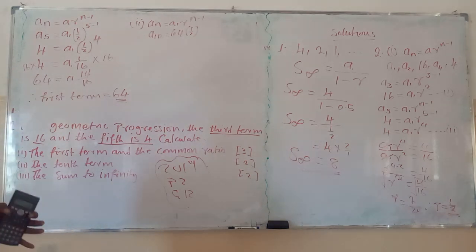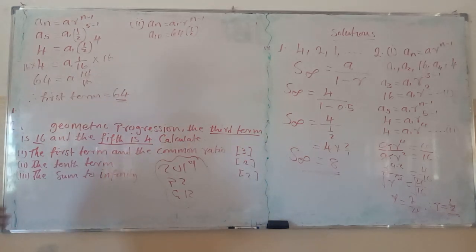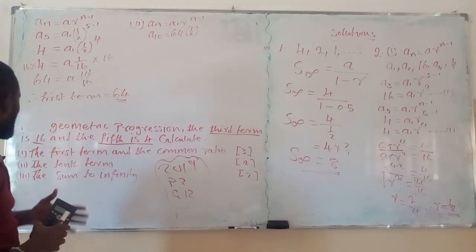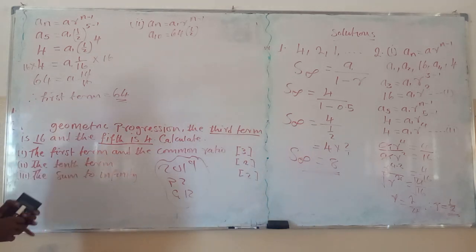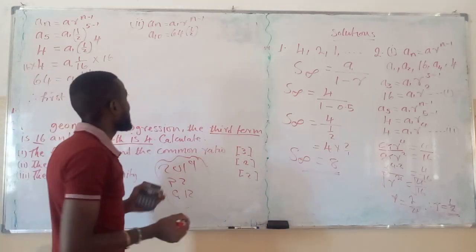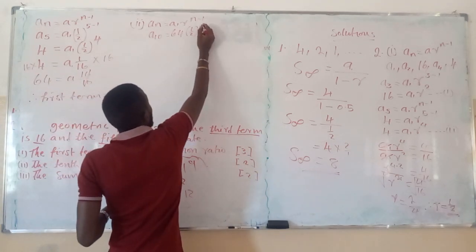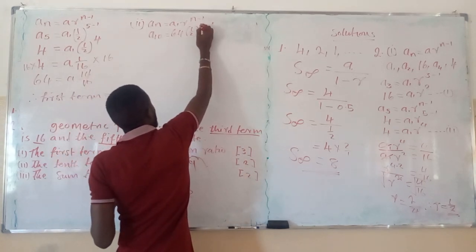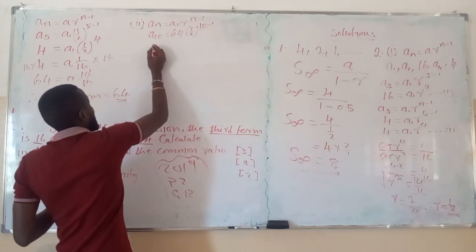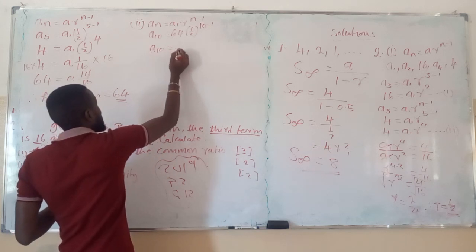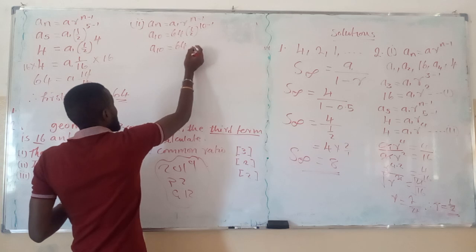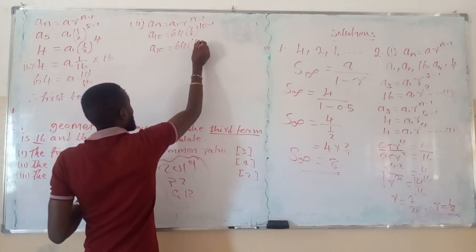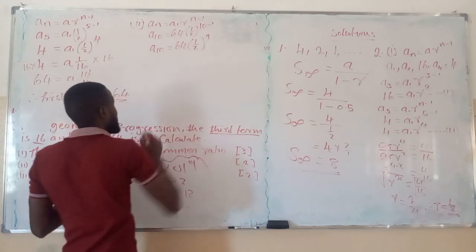We have to find the 10th term, right? So we are going to say 10 minus 1. So the 10th term is equal to 64 times 1 over 2 to the power 9.